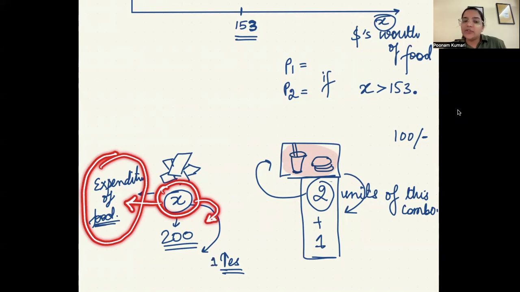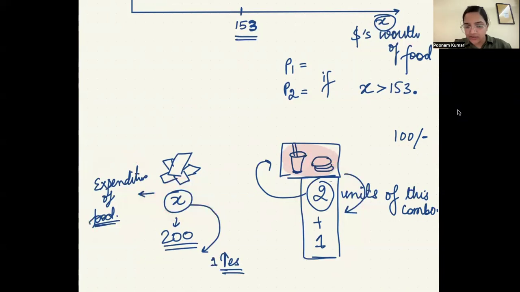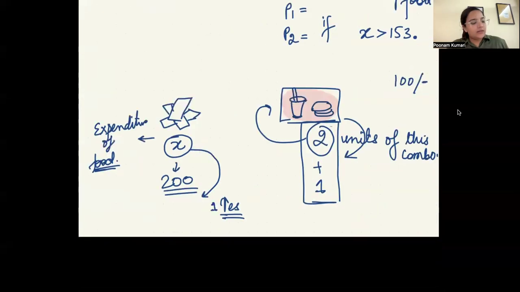If I have to increase expenditure on food by 1 unit, how much money will I have to spend? 1 rupee. 1 rupee, right? So what is the price of X? If you increase some quantity, the expenditure you make for it is the price, right?